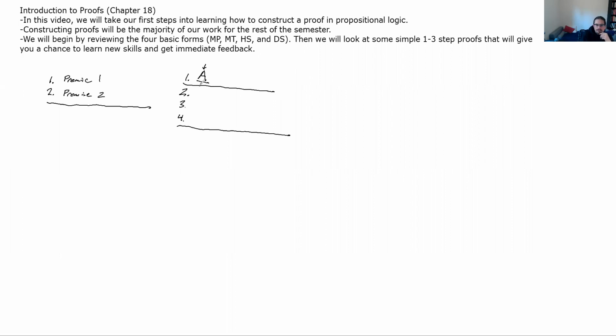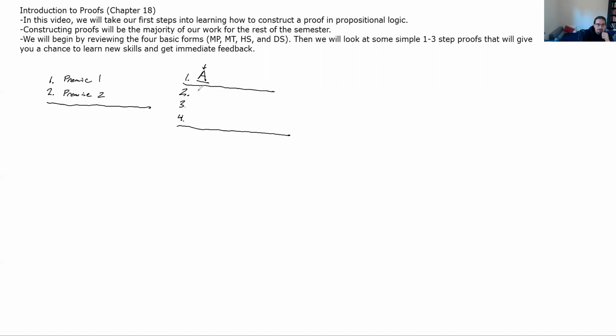Now, what's important is that doesn't always mean that every letter on the premise is true. Here when we have A by itself, this is what we might call a simple statement. In other words, this is as small as it can get. It can't be broken down any further. We're given one statement with no additional operators.